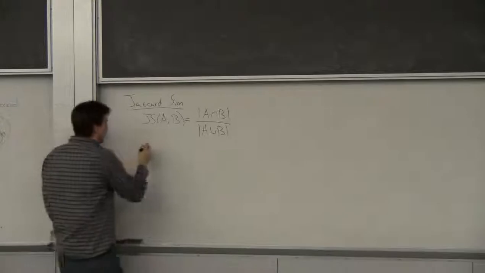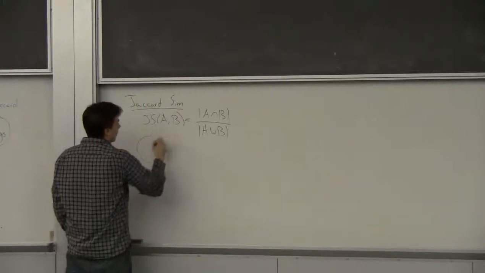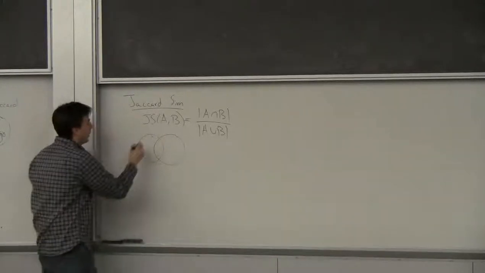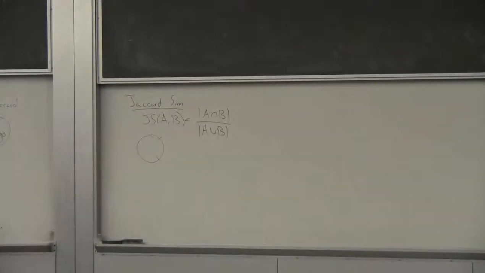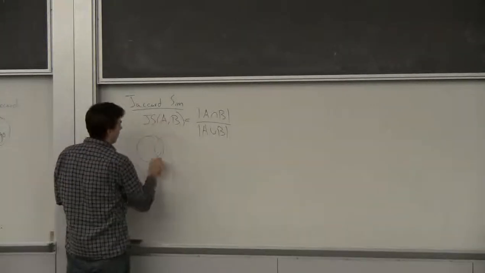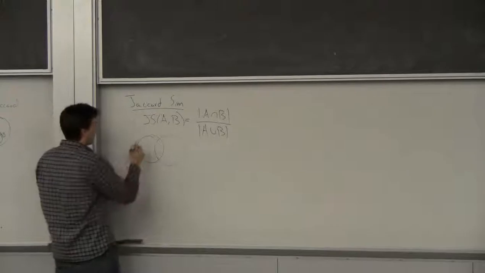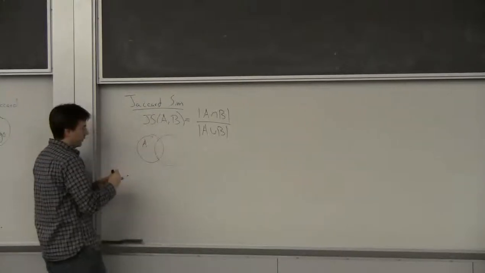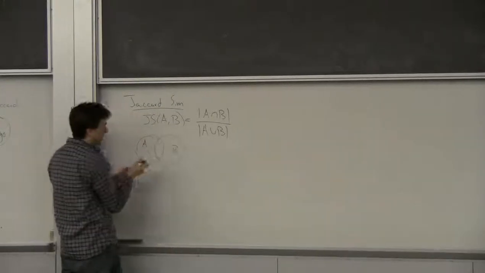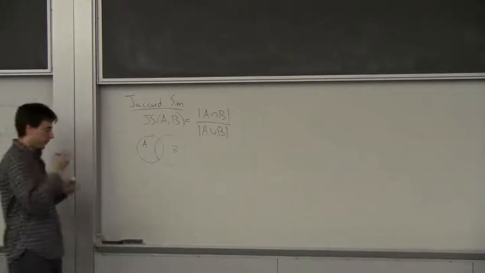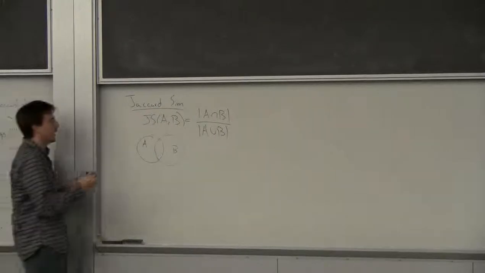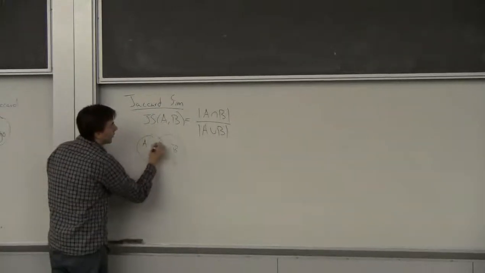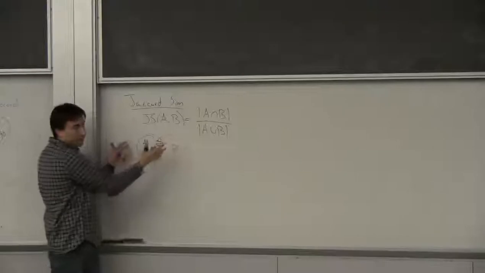So if you were to draw a picture here, let me use some colors. So if this is set A, this is set B, then what this similarity is going to look like is the intersection is the amount of stuff in here, and the union is A and B, right?